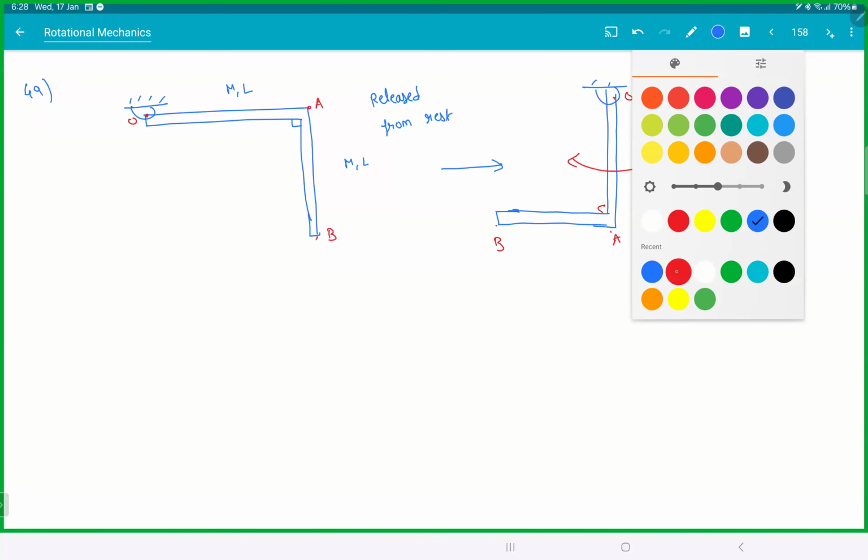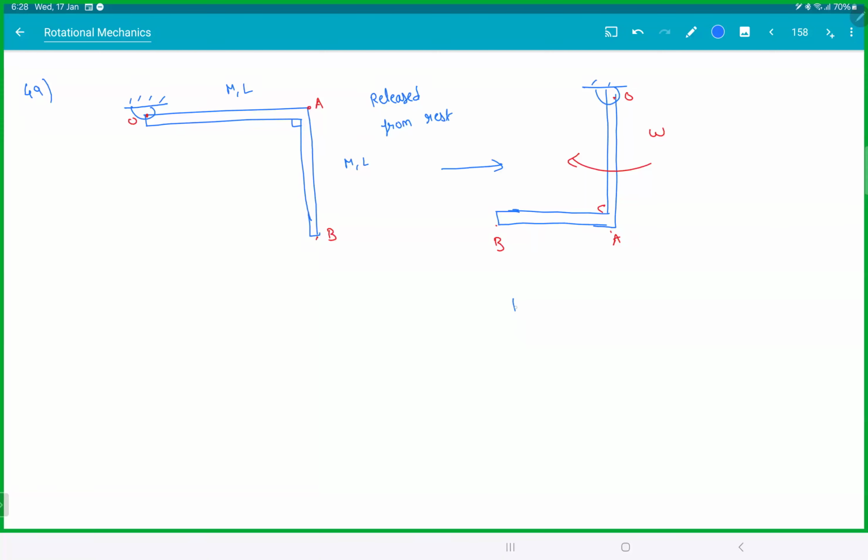Find omega and hinge reaction when the rod becomes vertical. Omega is fine. Hinge reaction is a little messy. Just get the equations.